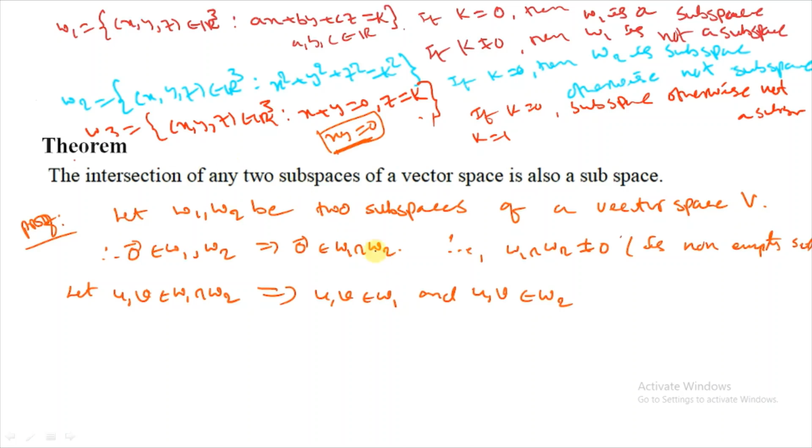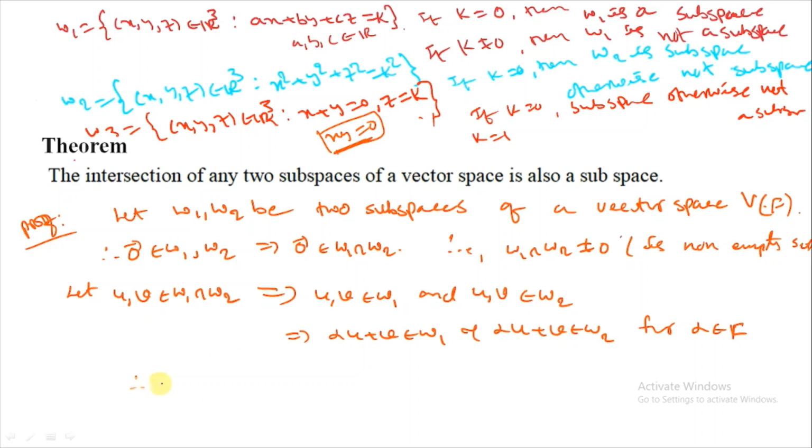W1 and W2 are subspaces, so they are closed under vector addition and scalar multiplication: alpha u plus v belongs to W1 and alpha u plus v belongs to W2, for alpha belonging to the field F. That implies alpha u plus v belongs to W1 intersection W2.